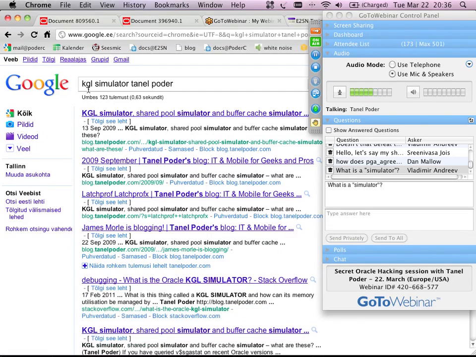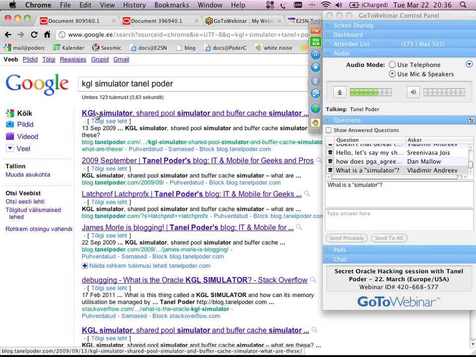If you search for something like library cache simulator tunnel podder, I have written a blog entry. So I explain there what it is. Basically, simulators are memory structures and some code which is used for remembering which cursors were in memory.